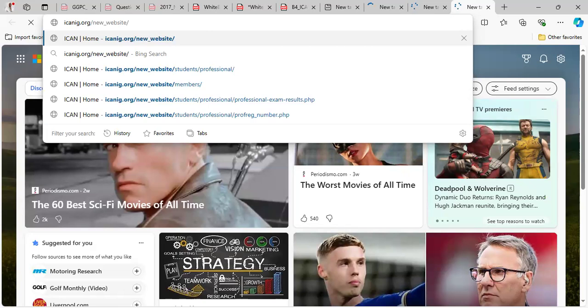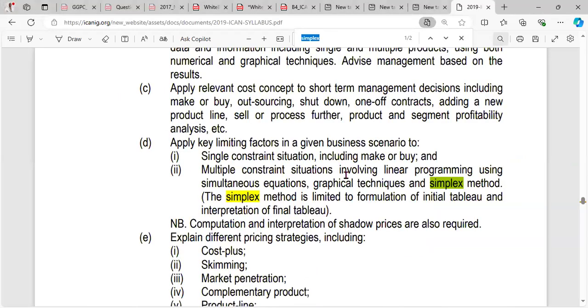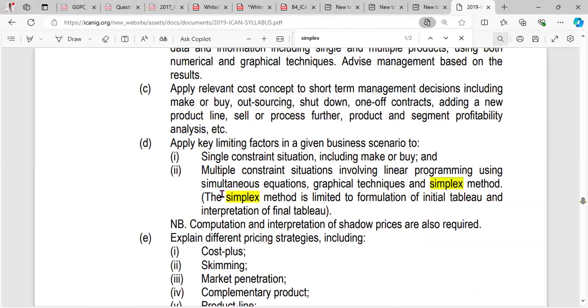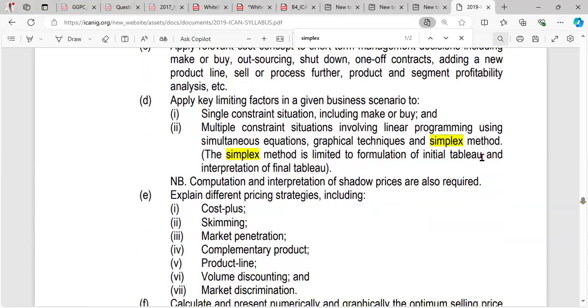So for a moment, let's look for the simplex method. Now, they said the simplex method is limited to formulation of the initial table or tableau and interpretation of the final tableau.